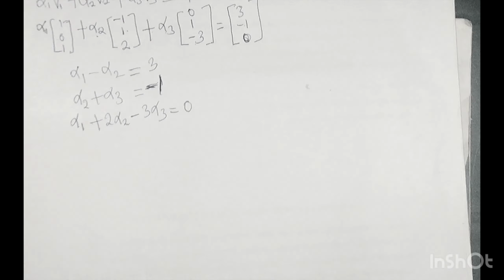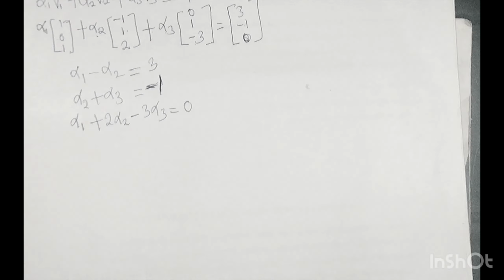So you can just say, from equation 2: alpha 2 plus alpha 3 equals minus 1. What you just need to do is make alpha 3 the subject of the formula.